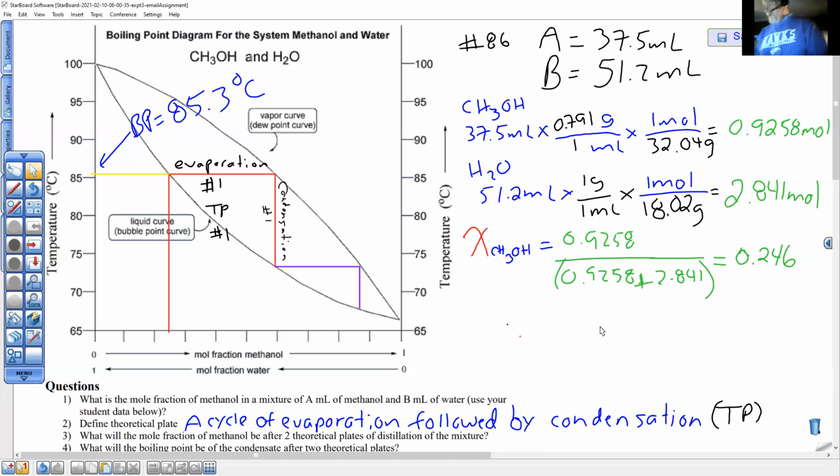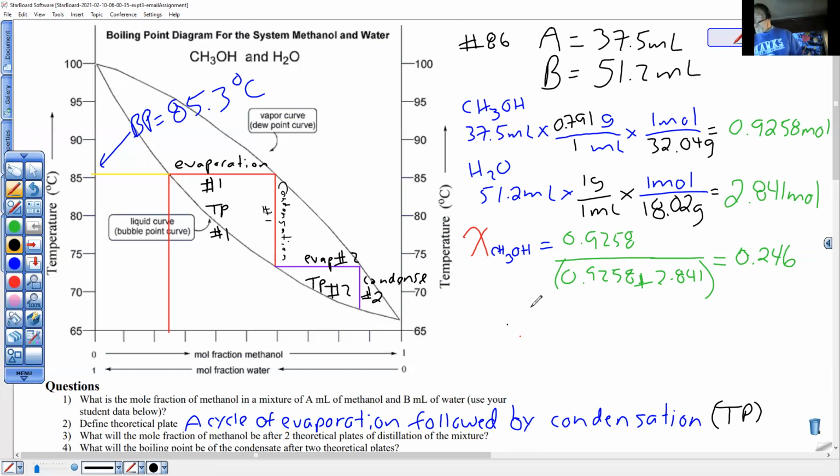And we want to know a couple things about this new liquid. This is evap number 2. Evaporation number 2. And this was condense number 2. And what is the combination of those two things called? You guessed it, theoretical plate number 2. And our stuff is a lot more pure than it used to be, isn't it?